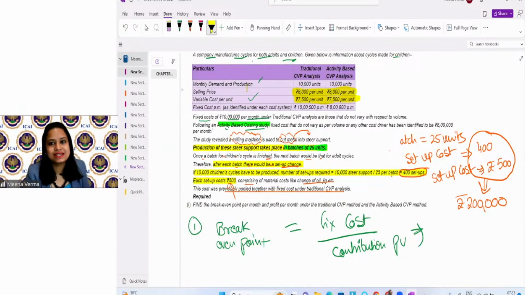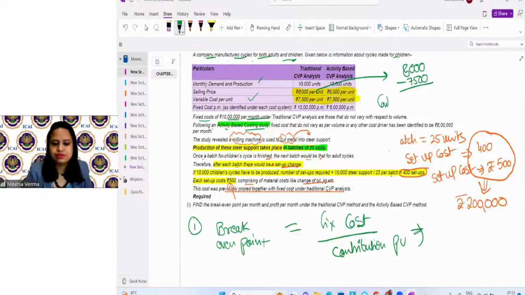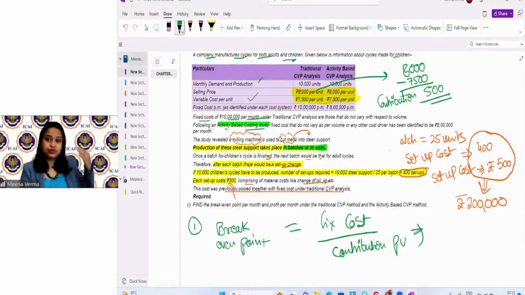So what will be the contribution in both the cases? 8,000 minus 7,500. So the contribution will be 500. Fixed cost divided by contribution will give you break-even units.